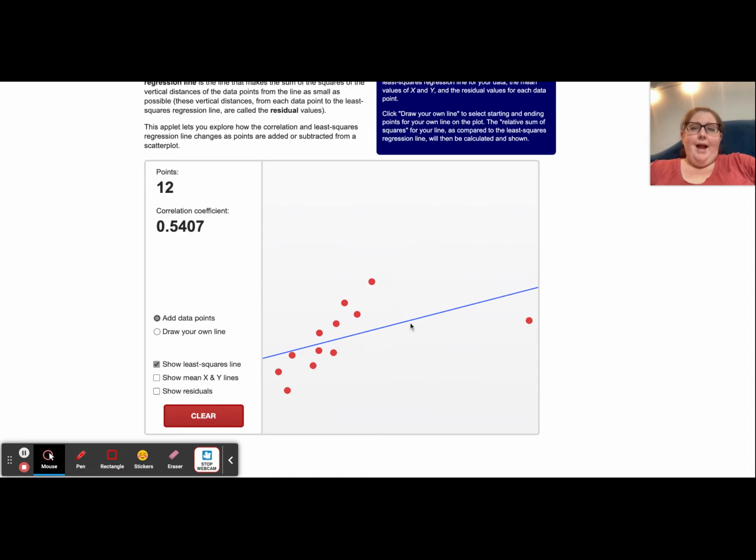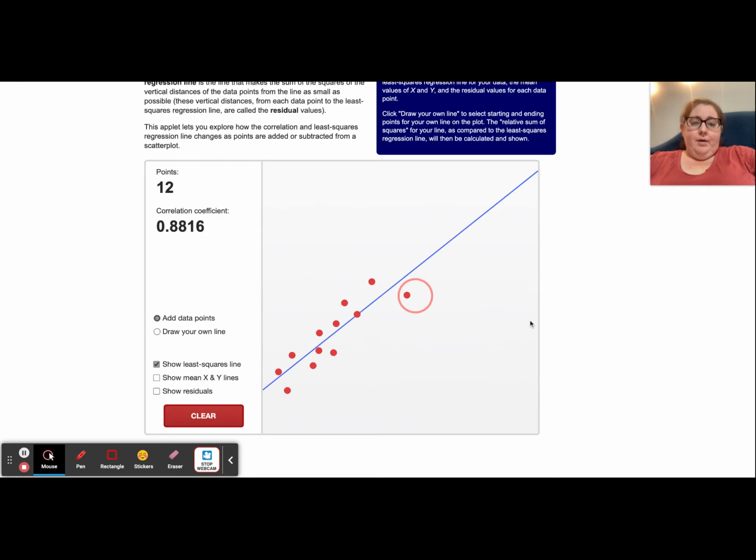It's almost dragged or magnetized towards this point right here. But also notice that my correlation changed a lot as well. We went from a correlation that was pretty strong in the 0.9 region to now it's 0.54, just from that one point. So that one point had a pretty big impact in terms of how it affected both the slope of the regression line and how it affected correlation.